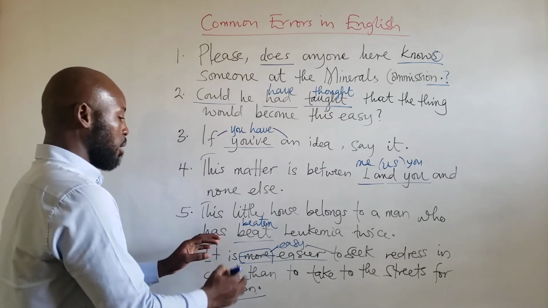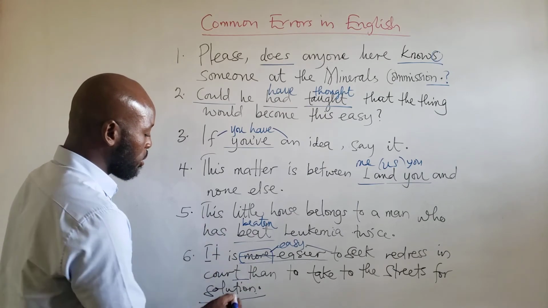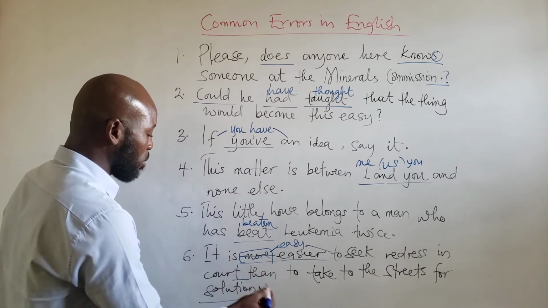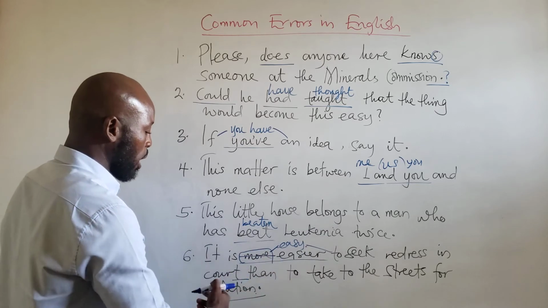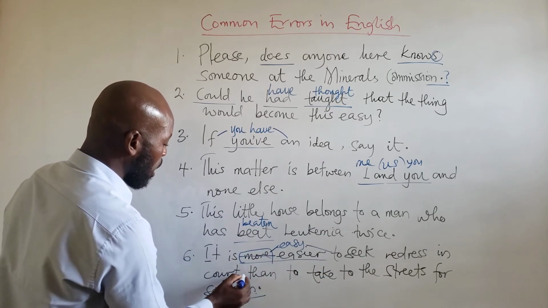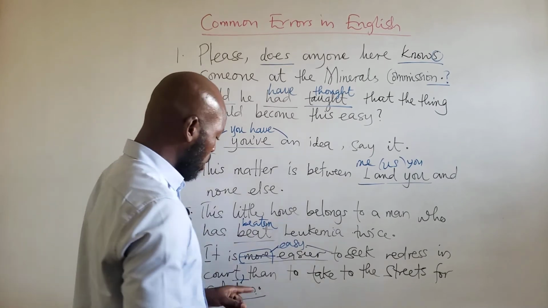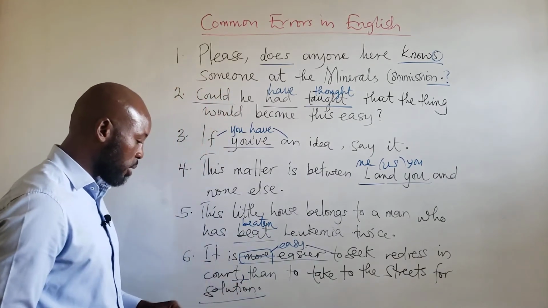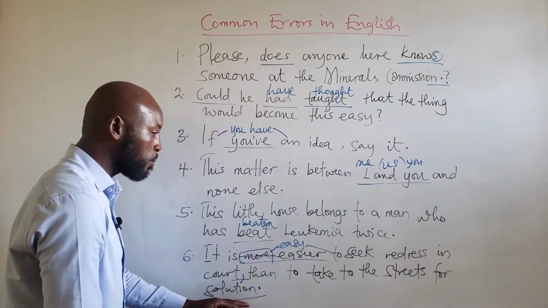But here, this is a complex sentence. So the two parts of the sentence, suppose this is the main clause and this is the subordinate clause, are to be set off by the use of a comma here, and the comma is also missing, than to take to the streets for solution.